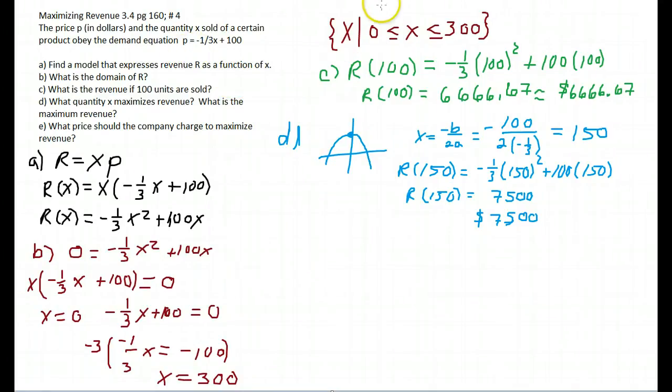Okay, so let's see. Alright, part E. We're going to take our equation P equals negative 1/3 x, and in place of the x, we're going to put our 150.